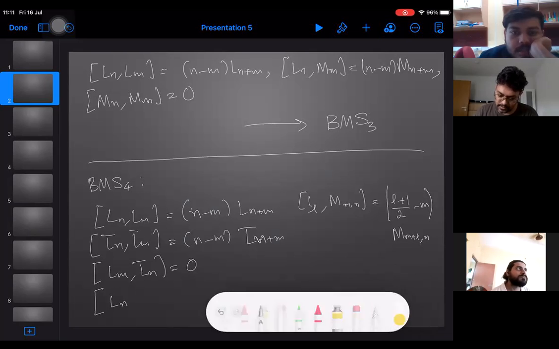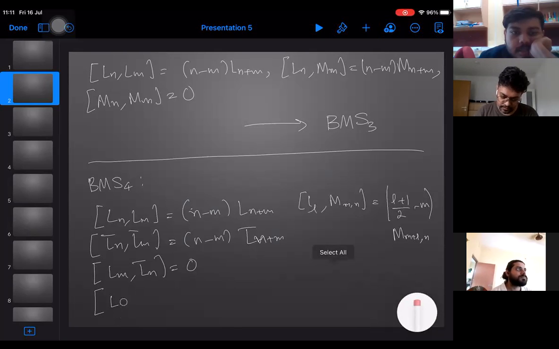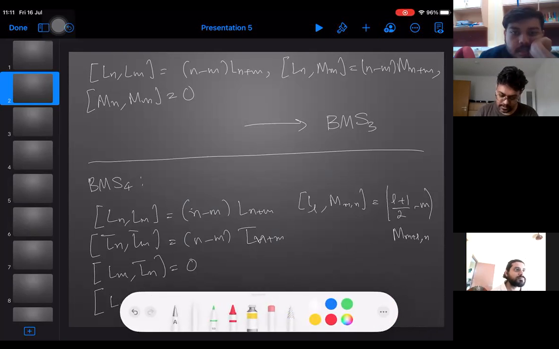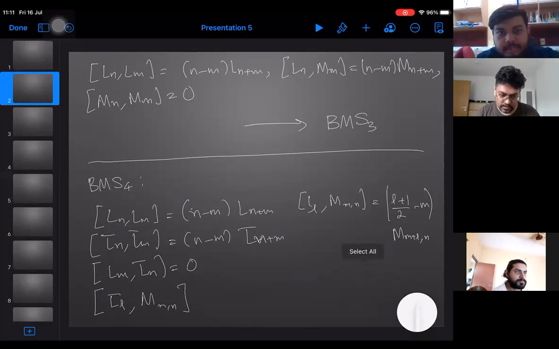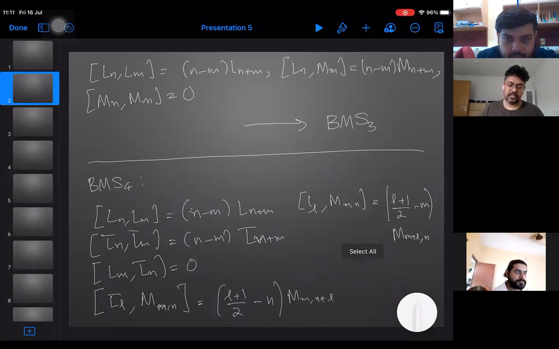Similarly, over here also the indices are given by L bar, and you have the same thing. So these are the two algebras which we discussed yesterday, basically the BMS3 and the BMS4.